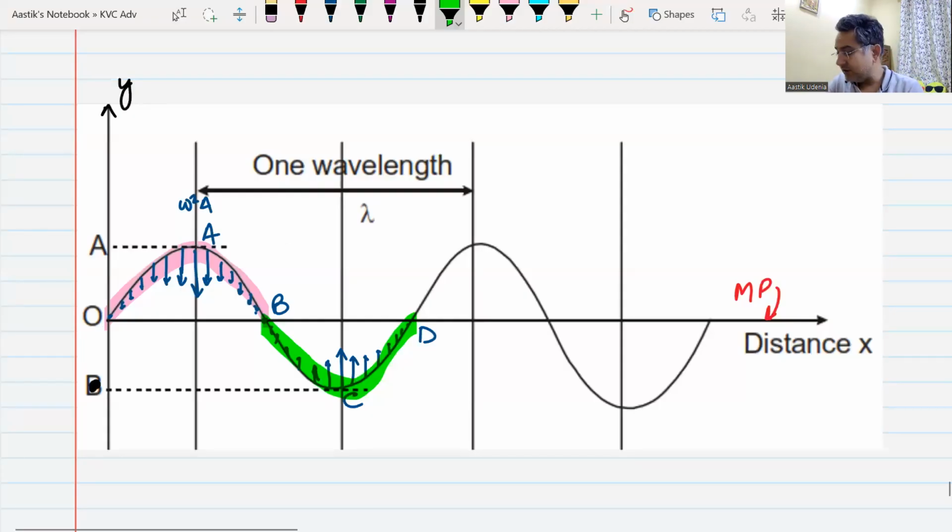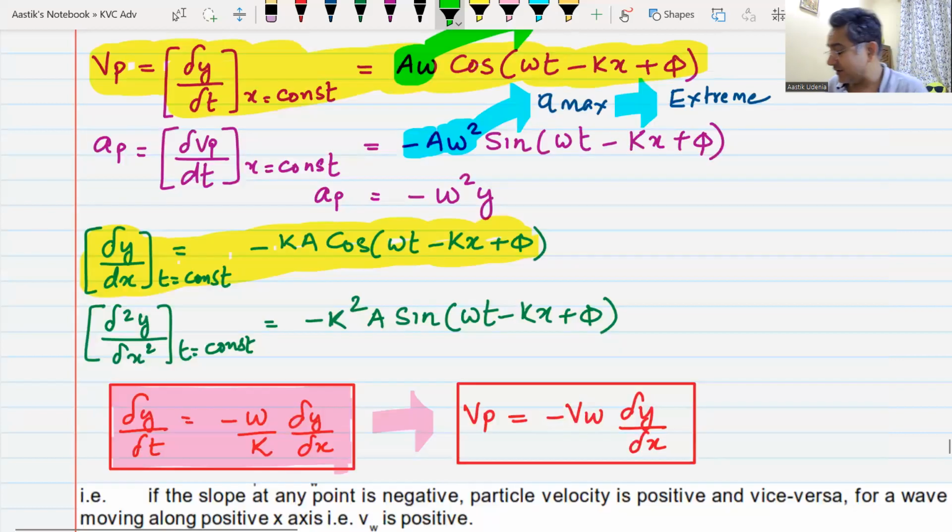We have found out the first derivative here and the second derivative also here. We have seen the relation between Vp and the first derivative. Vp was negative of Vw into del y by del x.